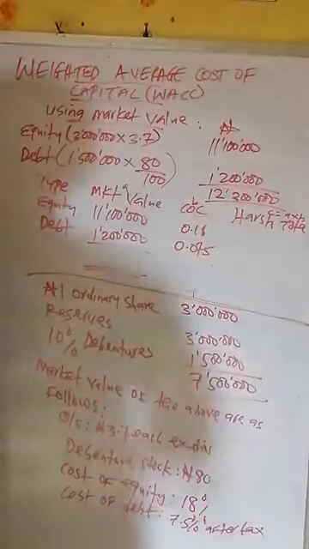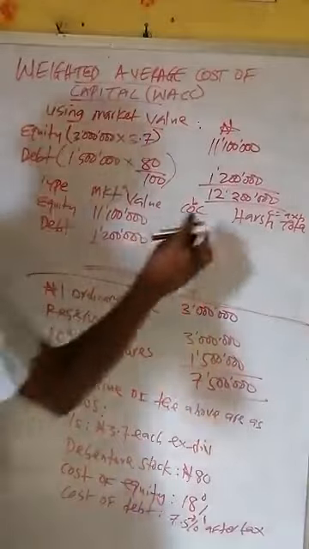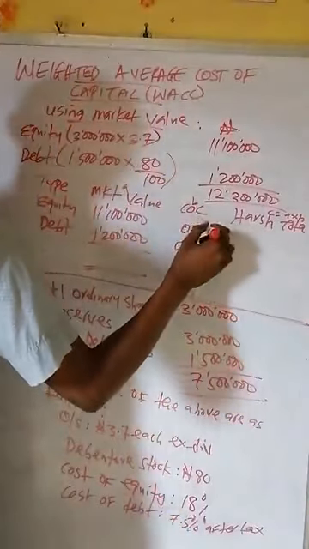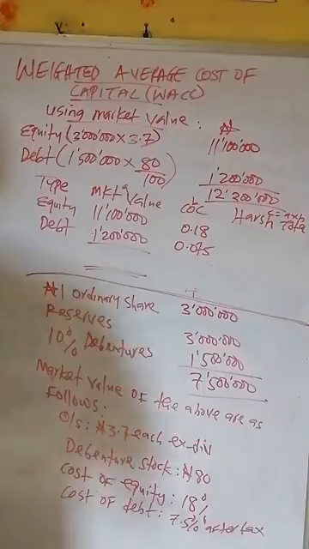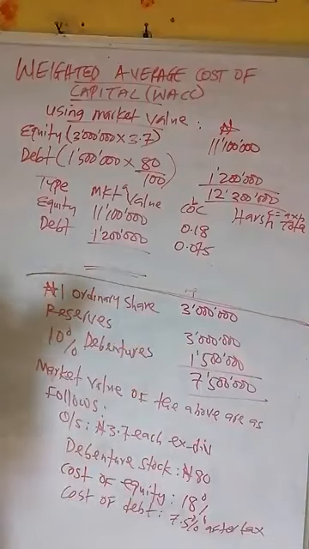This is 18%. So $11,100,000, multiply by 0.18.